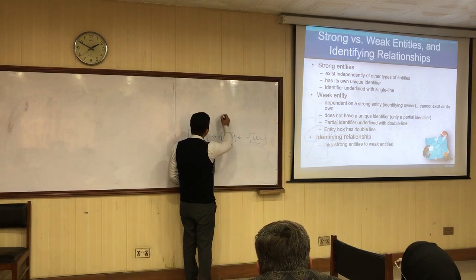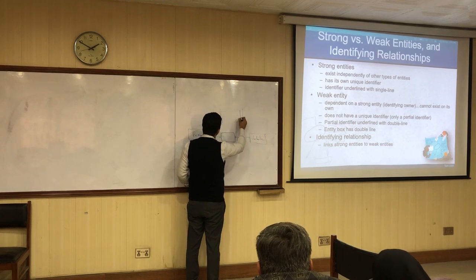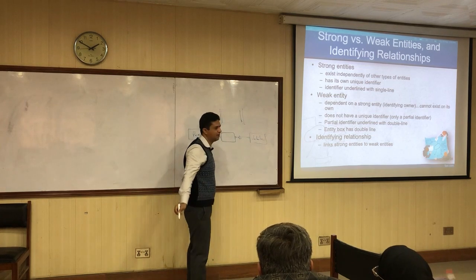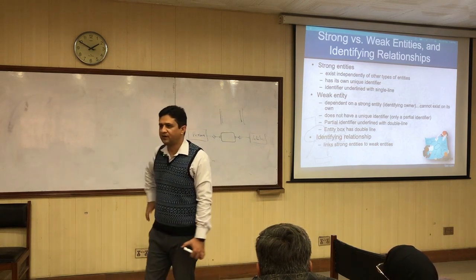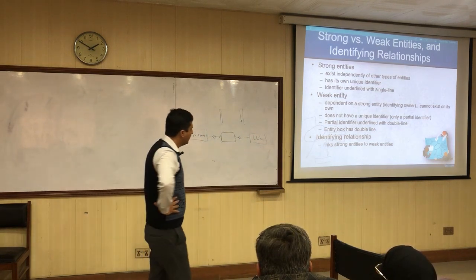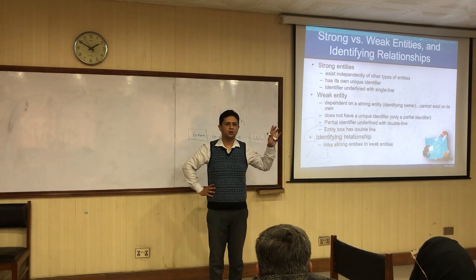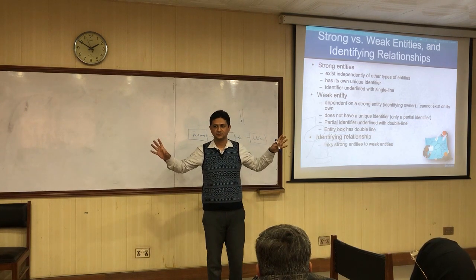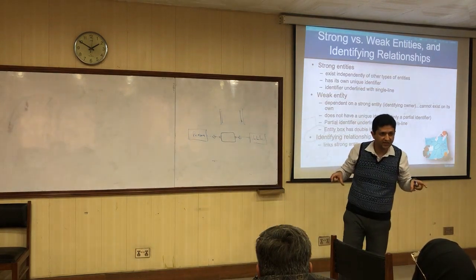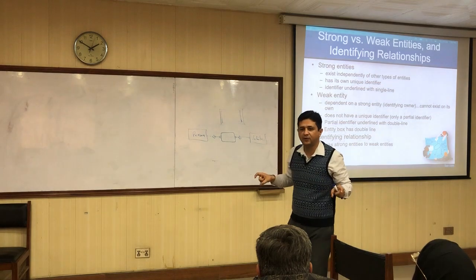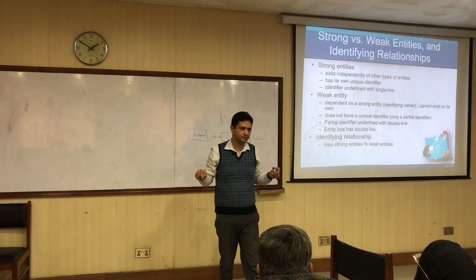So, a weak entity is represented with the help of a double-lined rectangle. A relationship which is between a strong and a weak entity is referred to as an identifying relationship.